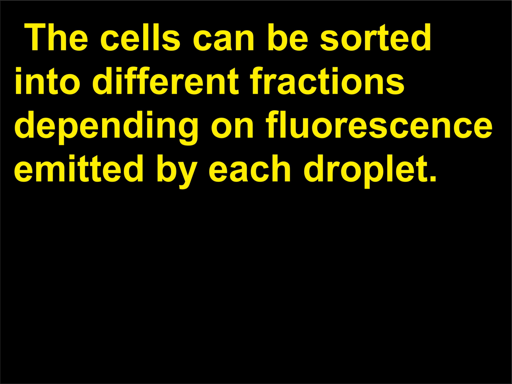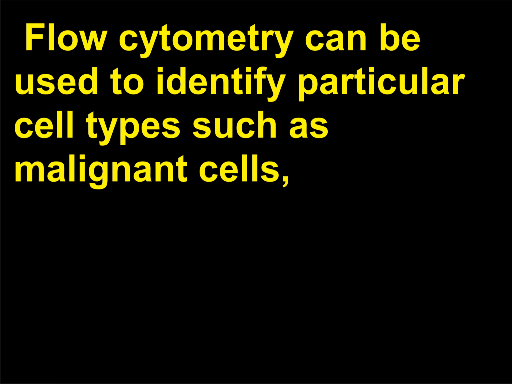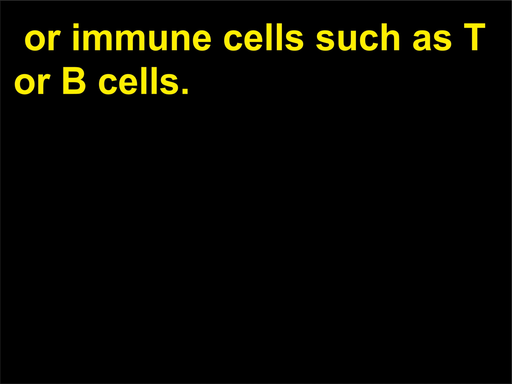The cells can be sorted into different fractions depending on fluorescence emitted by each droplet. Flow cytometry can be used to identify particular cell types such as malignant cells or immune cells such as T or B cells.